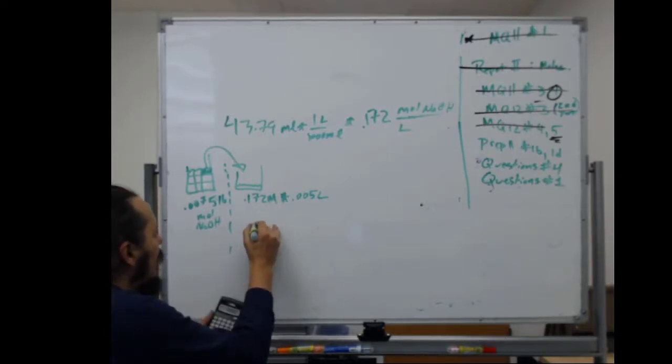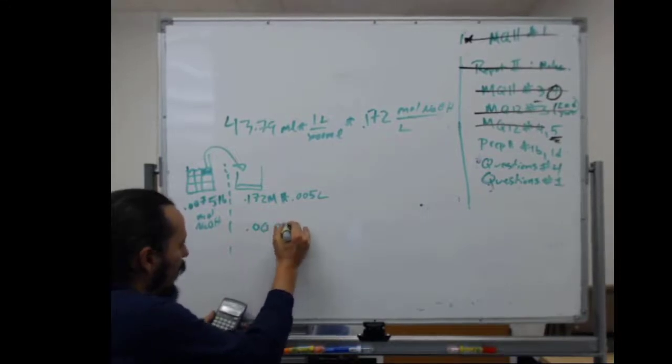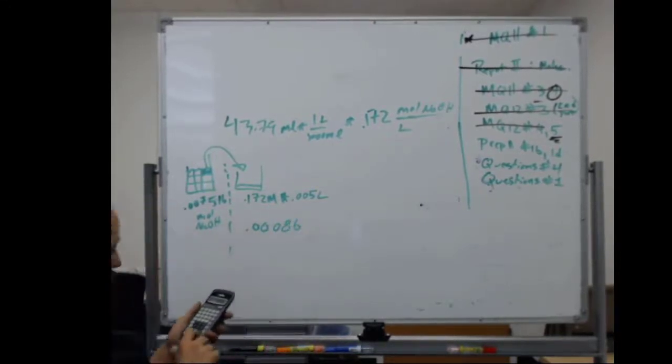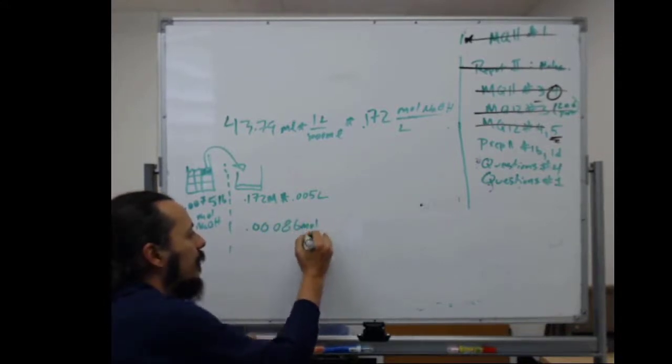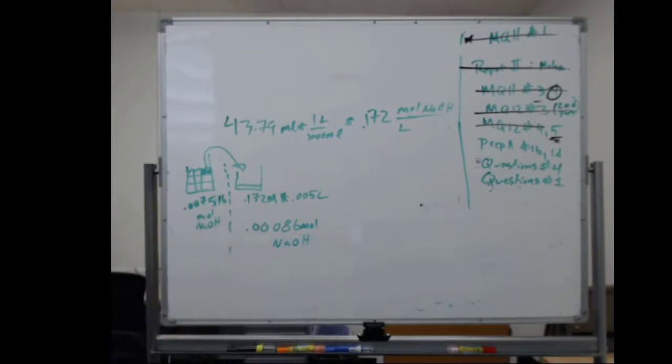That's going to get me 0.00086, which is about 1/9 of our original. This is going to be our moles in that new sample. So our concentration doesn't change when we take a small sample, but our number of moles is not the same.